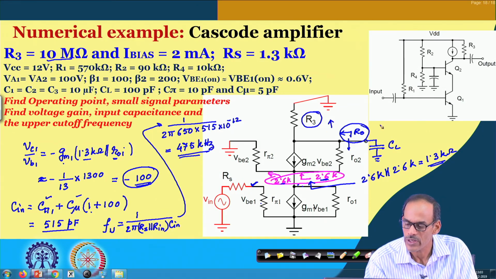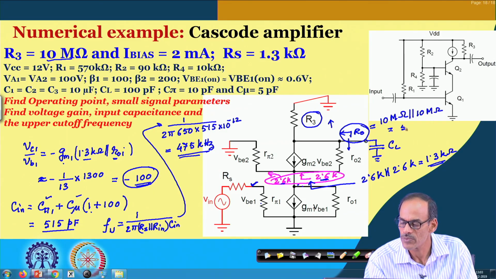So, the total resistance here is 10 mega ohm in parallel with 10 mega ohm, which gives us 5 mega ohm.